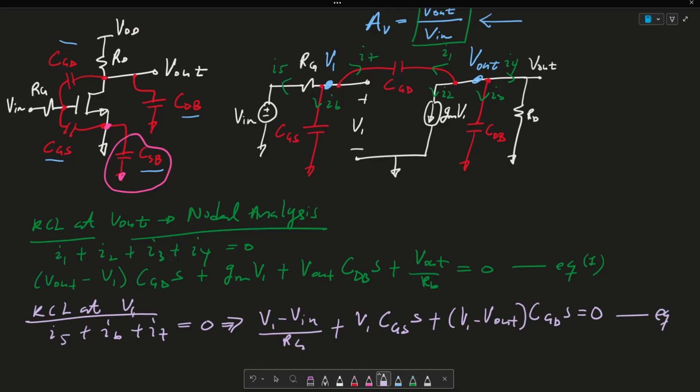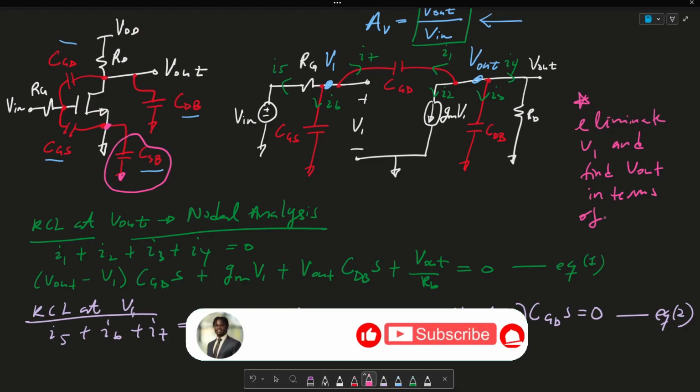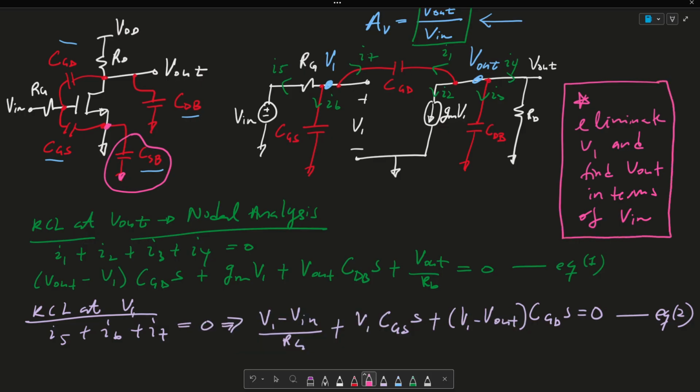And this is my equation number 2. Given these two equations, the goal here is essentially to eliminate V1 and find Vout in terms of Vin. This is the ultimate goal, and we will start to analyze that now.